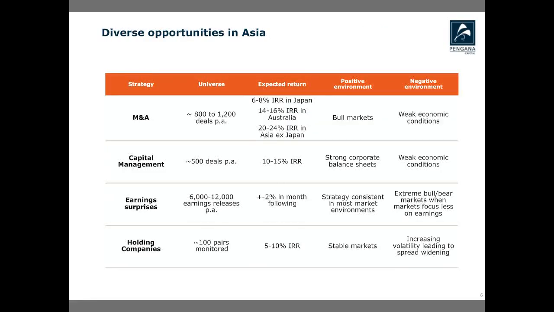So page 6 of the presentation gives you a high-level overview of the extent of opportunities that the fund is able to exploit. You can see that this is a very well-diversified set of sub-strategies, in the sense that the opportunities within M&A, CAPM, earnings, and holding companies work well in different market cycles.